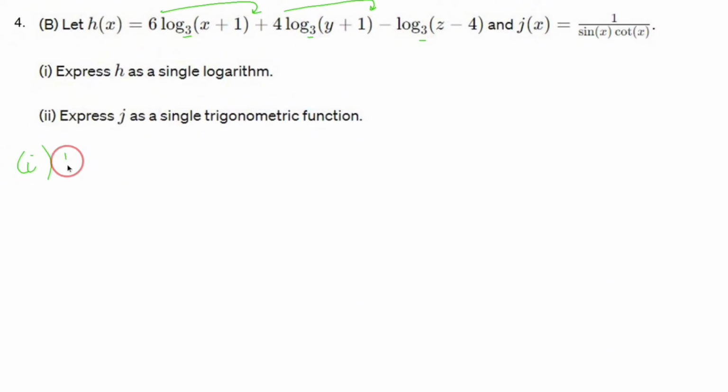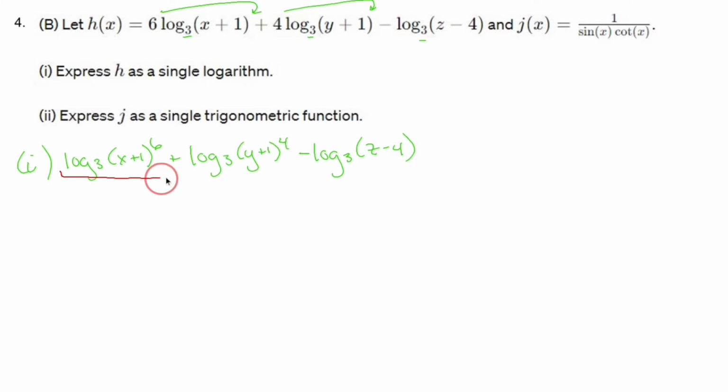So you become log base 3 of x plus 1 to the 6th power plus log base 3 of y plus 1 to the 4th power, and nothing happens with u, minus log base 3 of z minus 4. Then what you would want to do is organize all the pluses together and all the minuses together, and that's already taken care of.